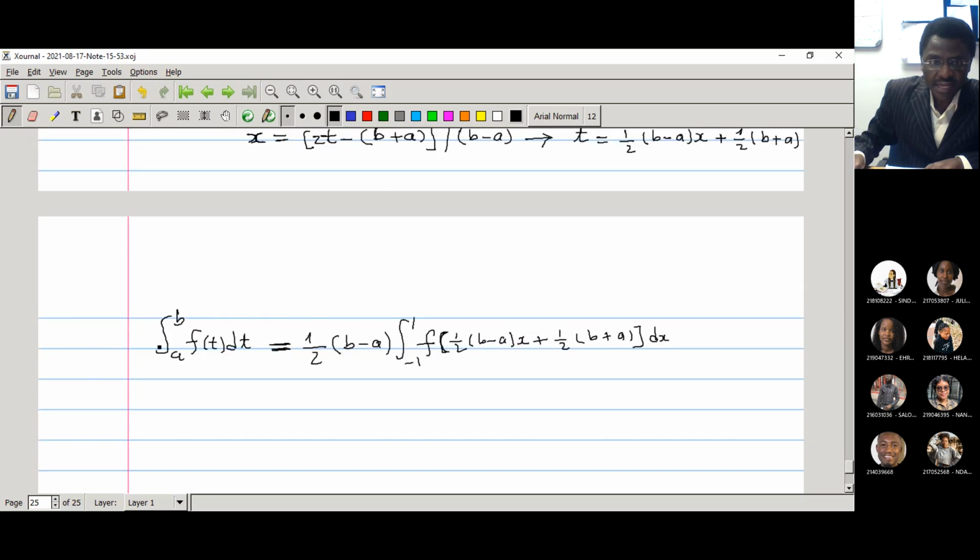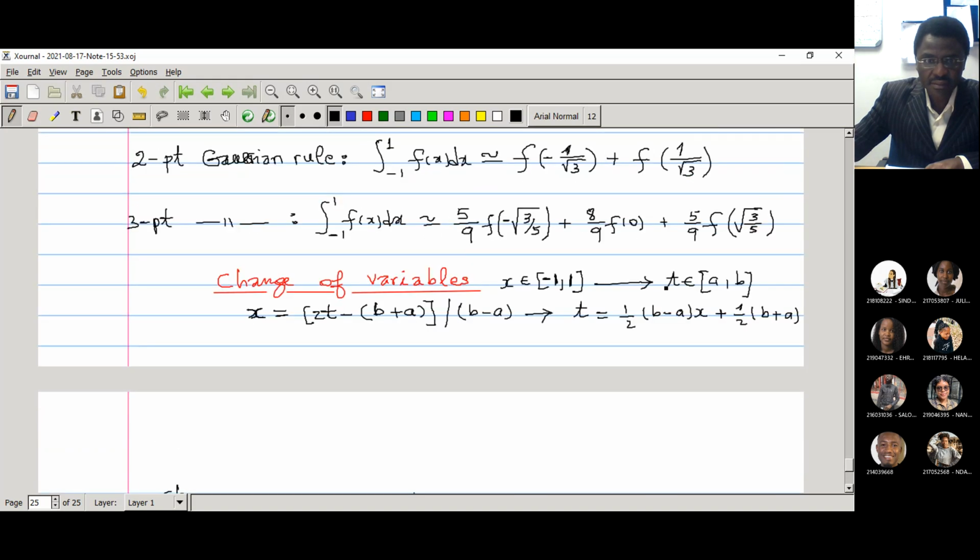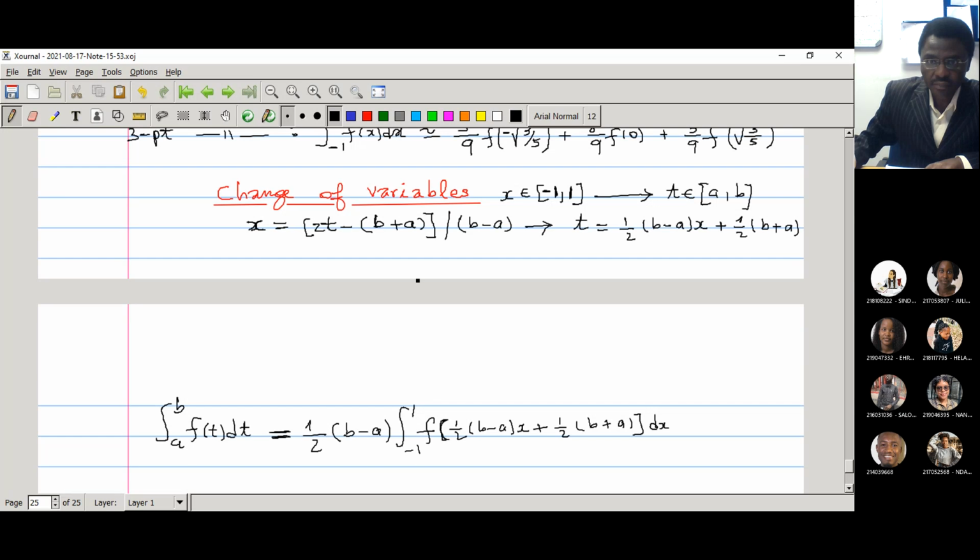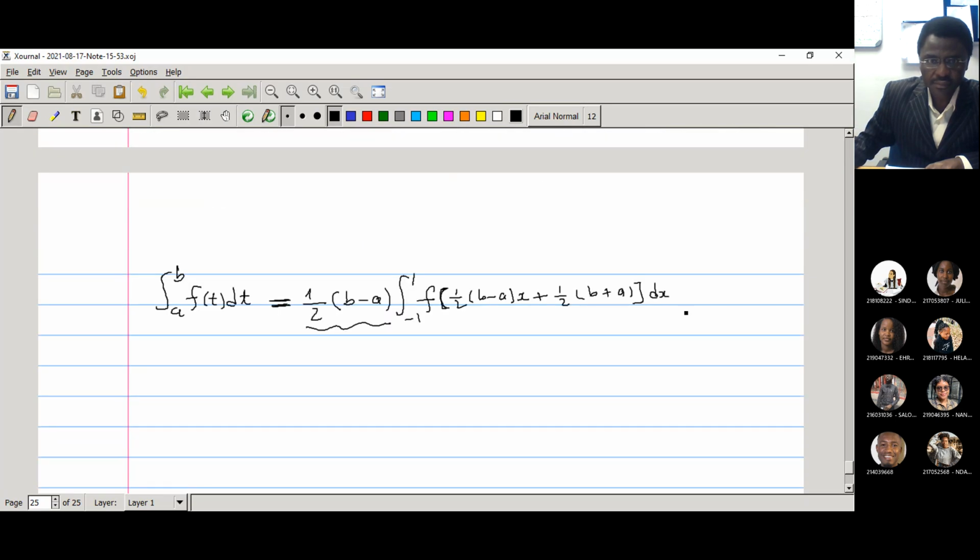And now this one is your dt, because if you write dt, this will be 0. It will be 1 by 2 b minus a dx, and this 1 by 2 into b minus a is what you have here, this coefficient, and then dx. All right, so this is the change. This is our formula for the change of variable.